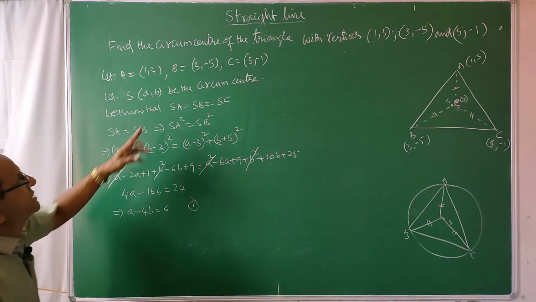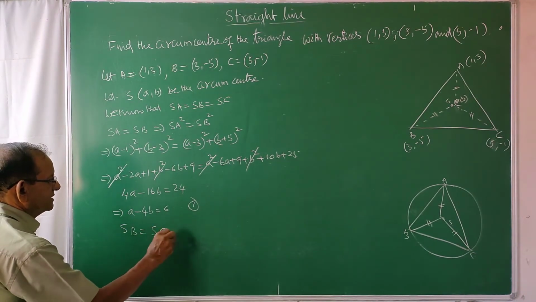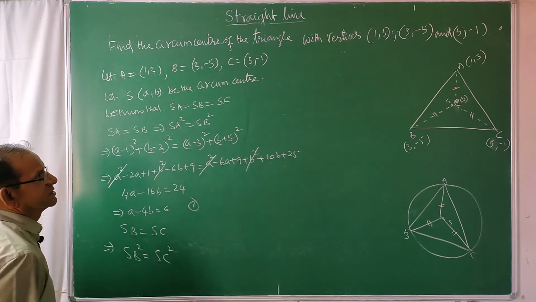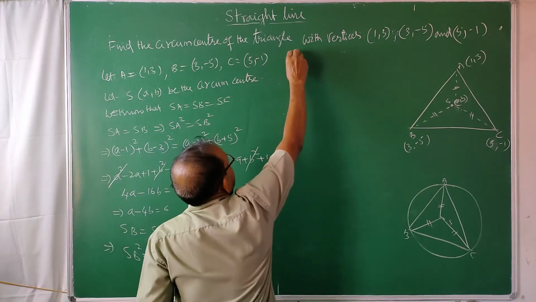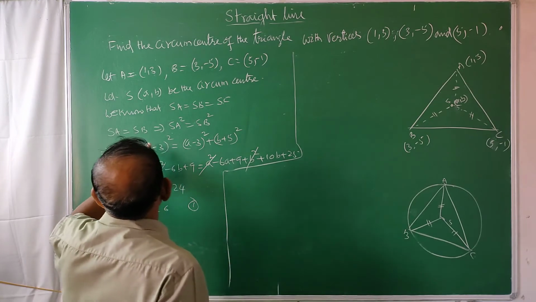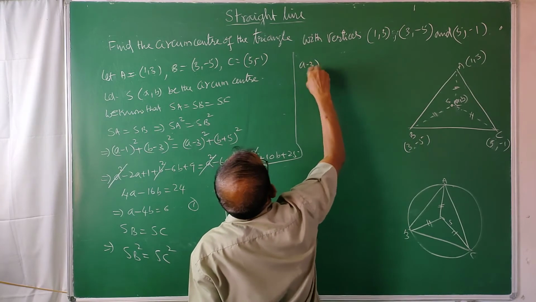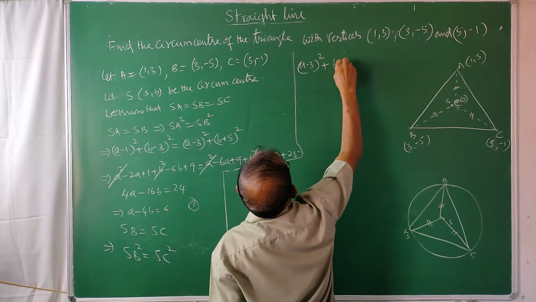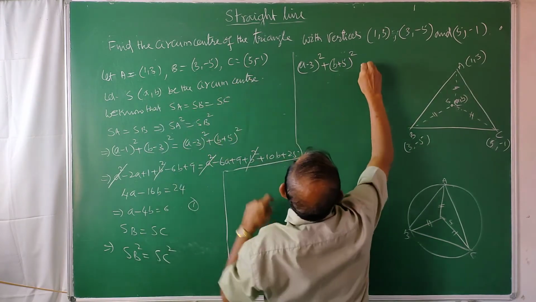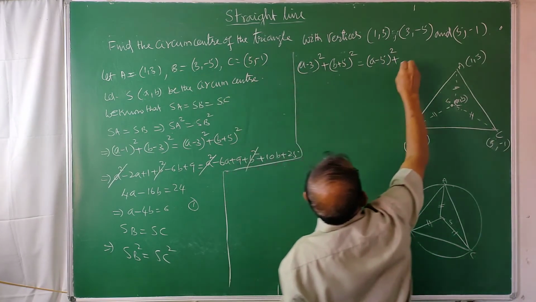Now let us take SB is equal to SC. SB is equal to SC implies SB square is equal to SC square. What is SB square? (a minus 3) whole square plus (b plus 5) whole square equal to SC square, (a minus 5) whole square plus (b plus 1) whole square.